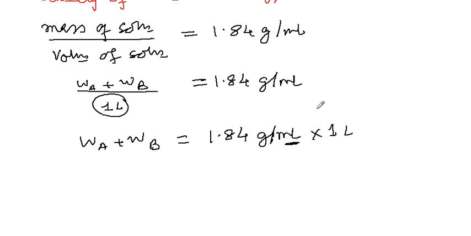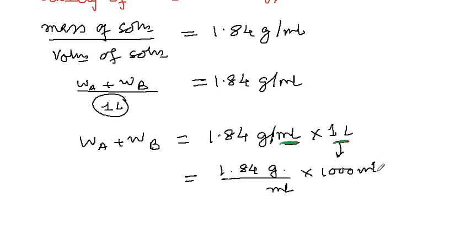One of the units is in milliliter, the other unit is in liter. So let's convert liter into milliliter. This is gram per ml, and if we convert 1 liter into ml, it will be 1000 ml.